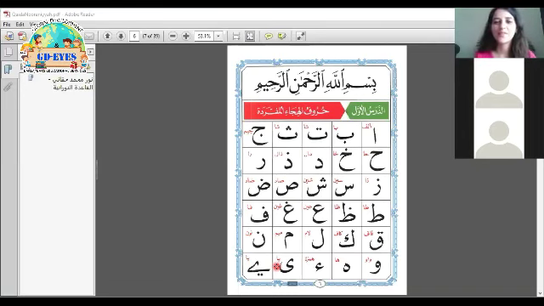Okay. So today we'll talk about the letter Alif. Again, let me tell you that we have the name of the letter. The name of the letter is Alif, as we said. But the sound of the letter is A. And later on, inshallah, we will take the harakat. The harakat means the letter when it has fatha, dhamma, or kasra.